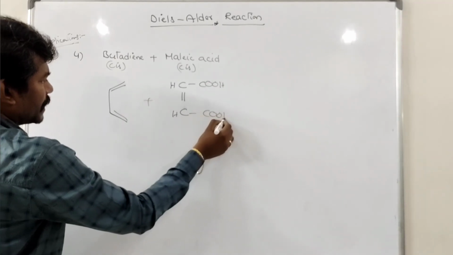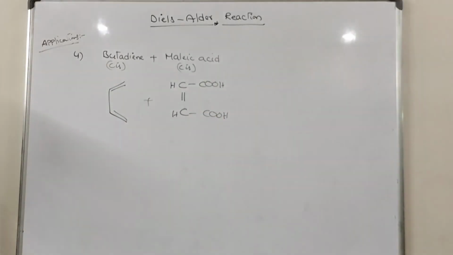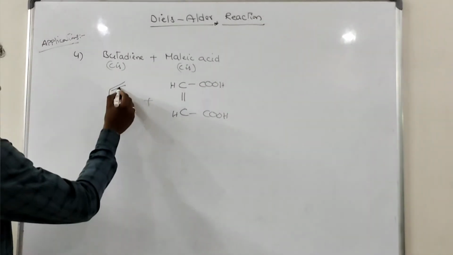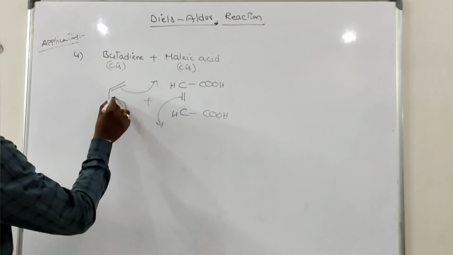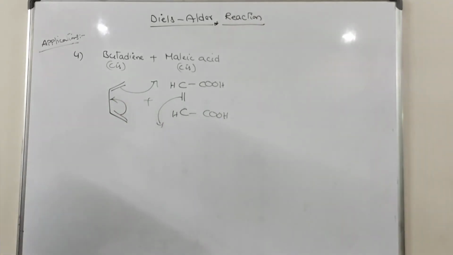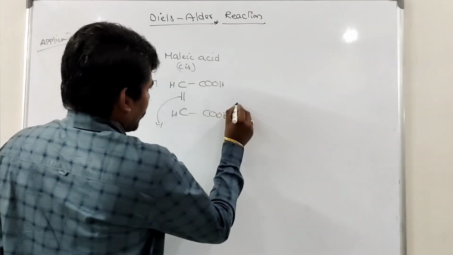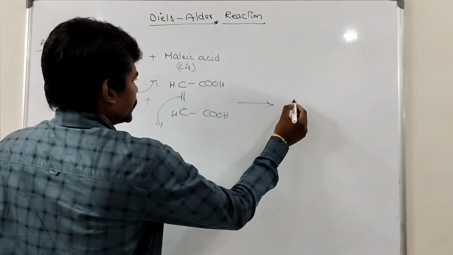This is maleic acid, CH=CH with COOH groups. Shifting like this gives the adduct.